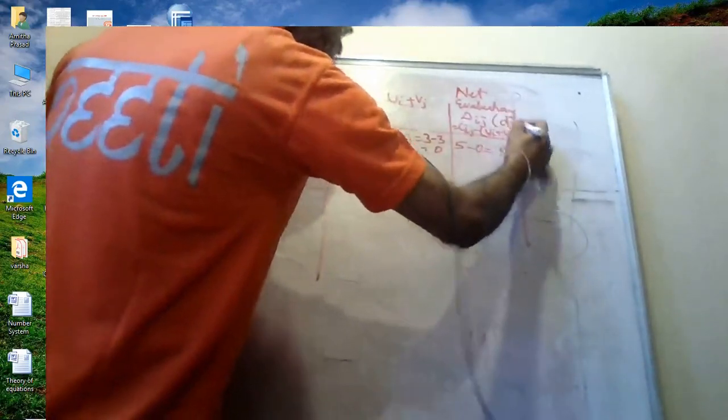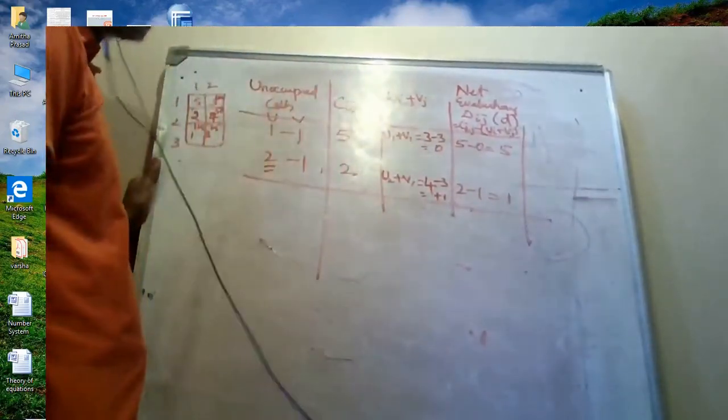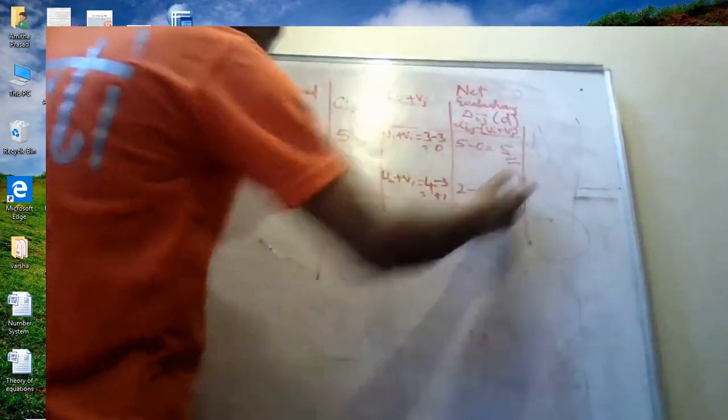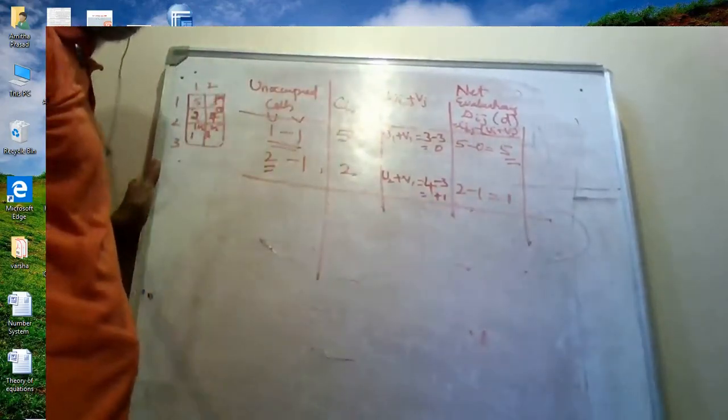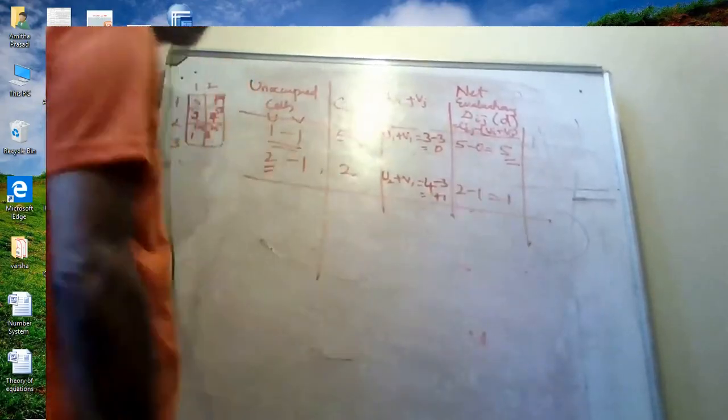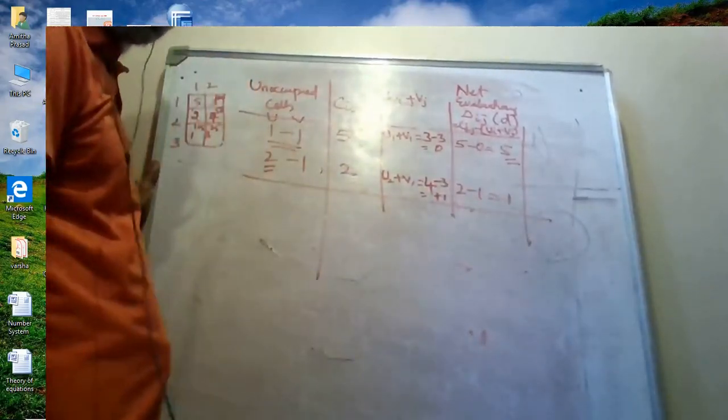Okay. This is also called D. Suppose if you change the route to 1, 1, the cost increases by 5 rupees per unit. Therefore, you cannot do. 2, 1, the cost increases by 1. Therefore, you can't change the initial solution.